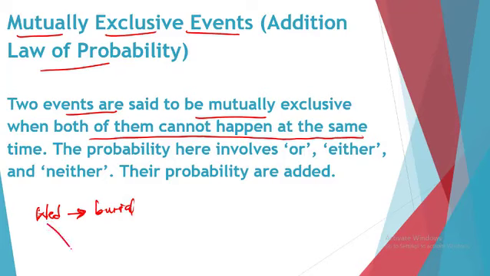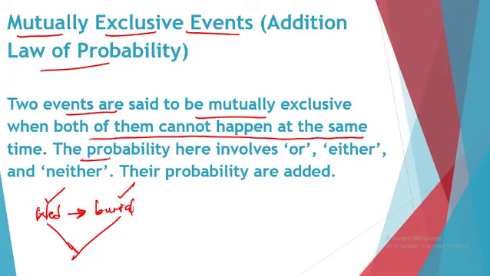So you see that these two things cannot happen at the same time, because number one, he should be in the church trying to wed, and he cannot also be in the church trying to bless the corpse of the deceased. So at this point we say that these two events cannot happen at the same time. When two events are mutually exclusive, we say that these two events cannot happen at the same time.